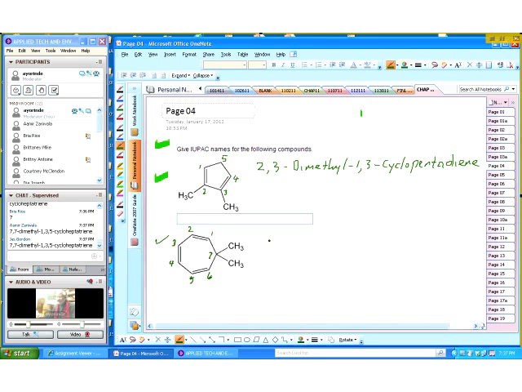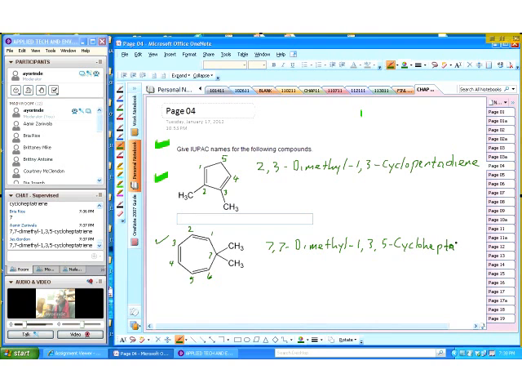7,7-dimethyl-1,3,5. Excellent. So 7,7-dimethyl. Now we indicate the position of the double bonds. 1, 3, 5, cyclohepta.